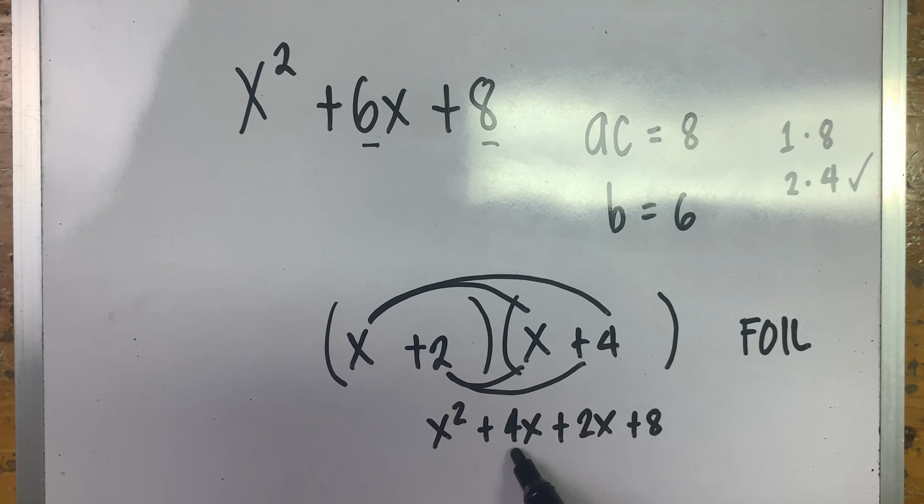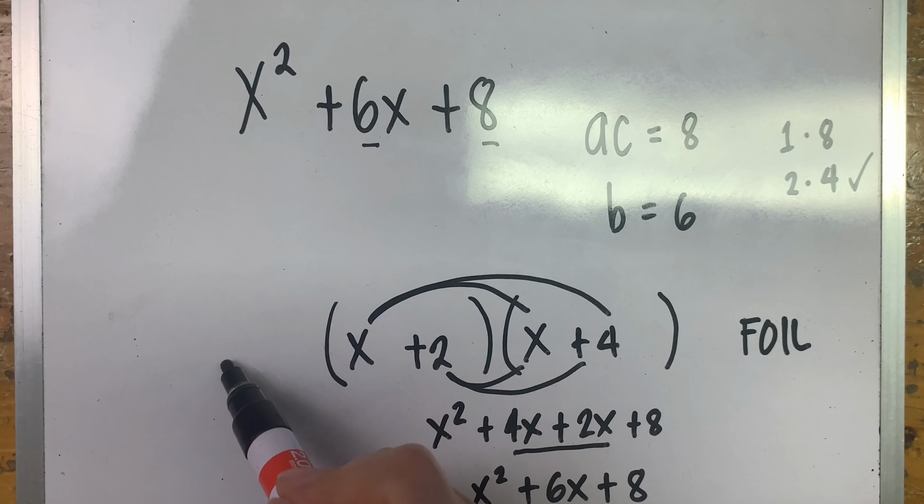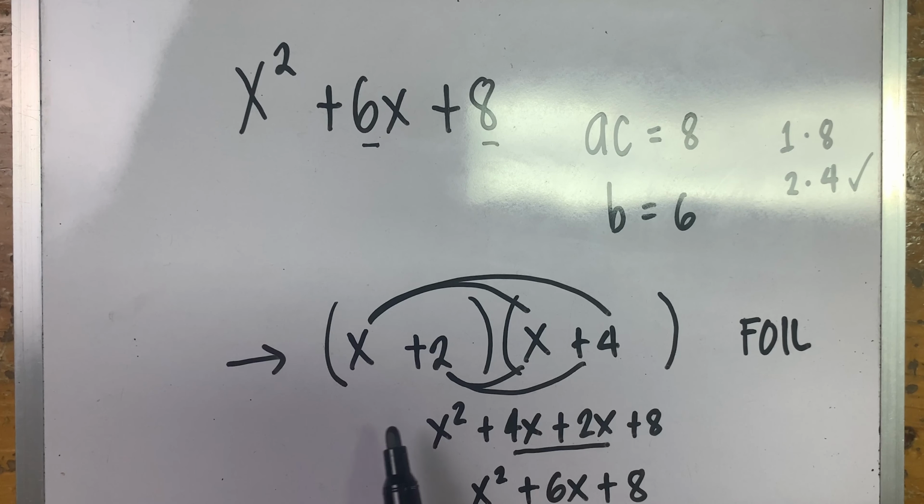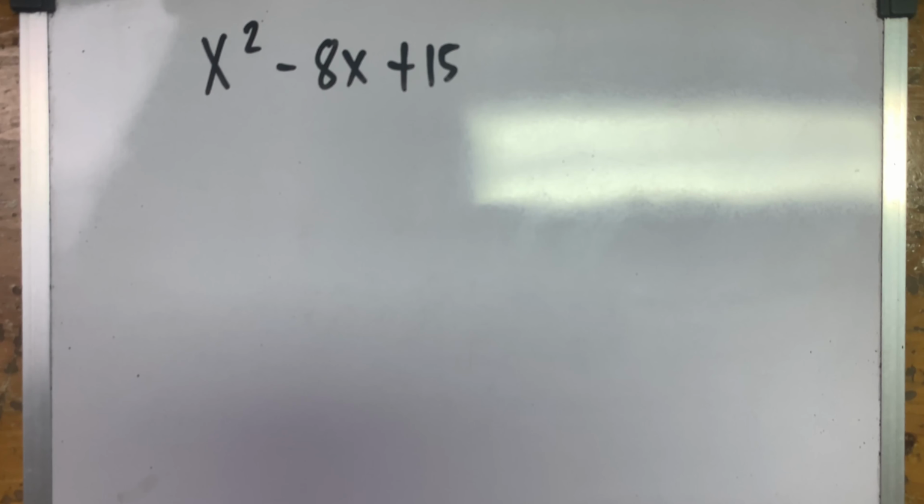Combining like terms, 4x plus 2x, we'll just copy the first term, which is x squared, plus the sum of this term, 6x plus 8. So therefore, the factors of x squared plus 6x plus 8 is x plus 2 times the quantity of x plus 4. For our next example, x squared minus 8x plus 15.